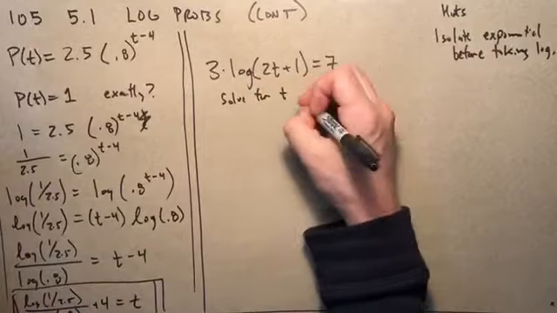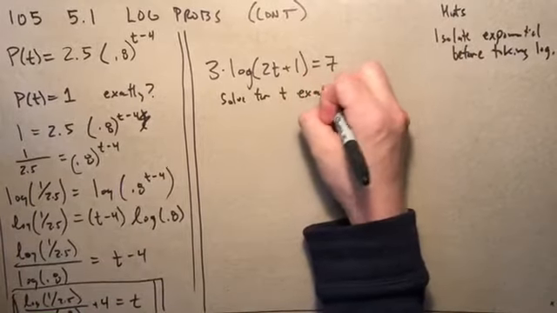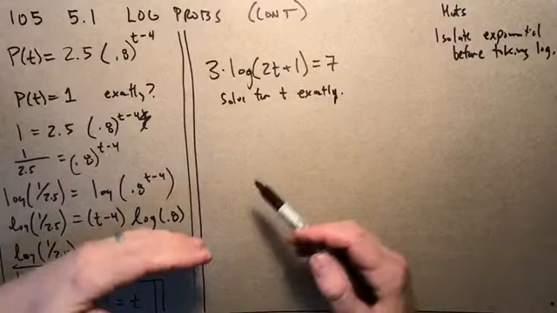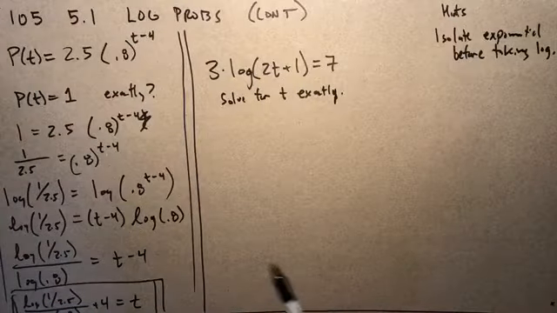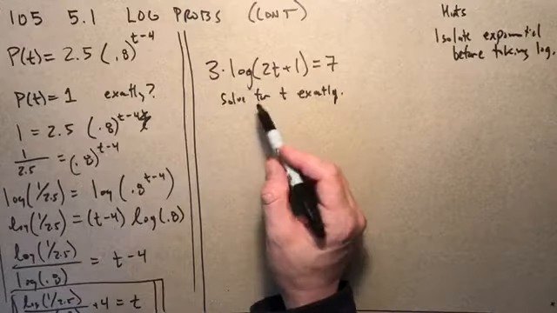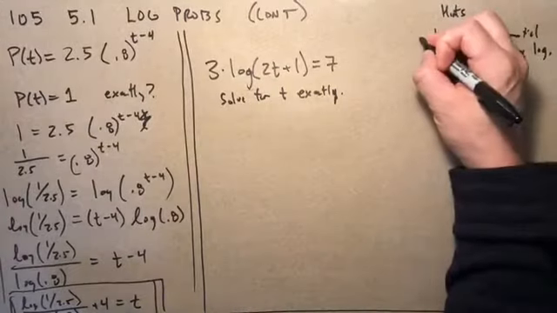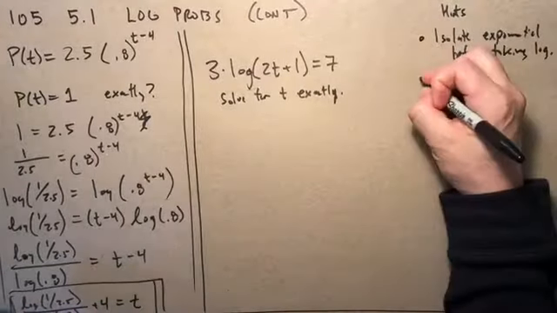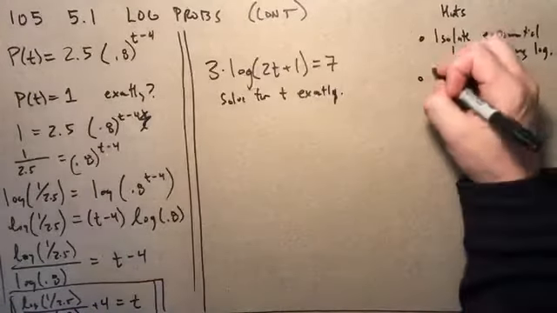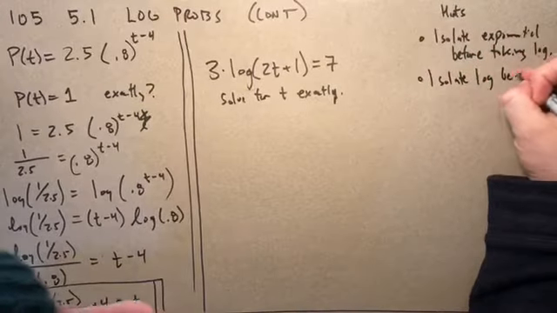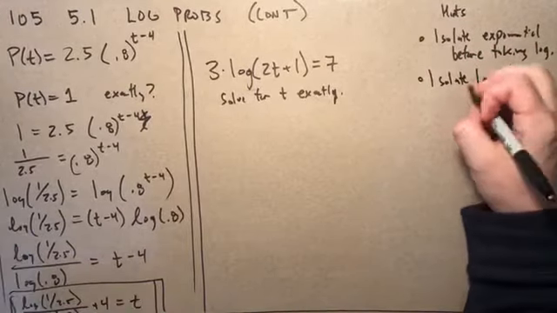So, I could exponentiate both sides, but that's typically a bad idea right now because I don't have the logarithm isolated. So, just like before, we isolated the exponential before taking the log, let's isolate our log before exponentiating.